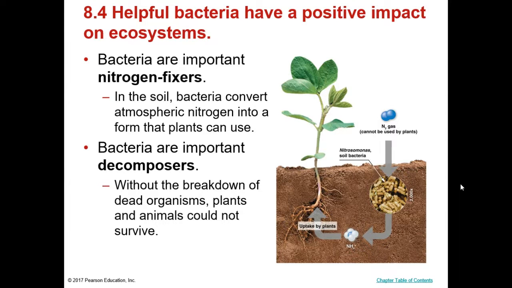Environmentally, bacteria are important because they're nitrogen fixers, meaning that they help plants absorb nitrogen by fixing nitrogen in the soil. Sometimes plants are not able to absorb nitrogen naturally, so they need the waste products of these nitrogen-fixing bacteria so that they can absorb the nitrogen they need from the soil through the roots.